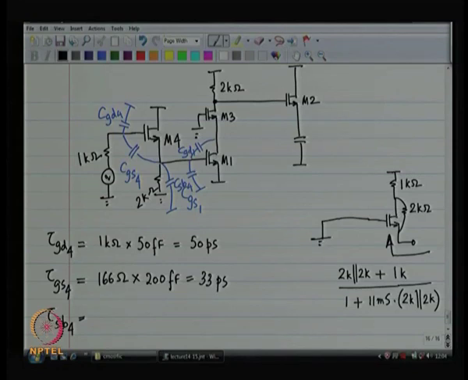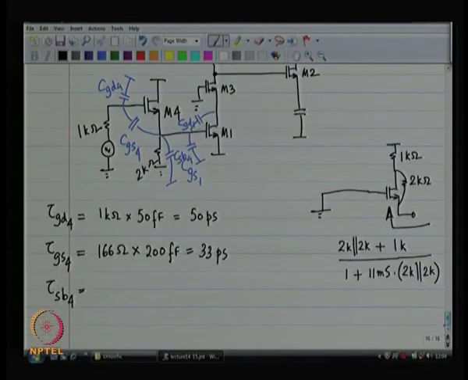It's really RDS by 1 plus GM plus GMB times RDS. Once again it's the same formula. So it's 2K divided by 1 plus 11 millisiemens times 2K, this whole thing in shunt with 2K. So it's about 87 ohms in parallel with 2K. So 83 ohms.